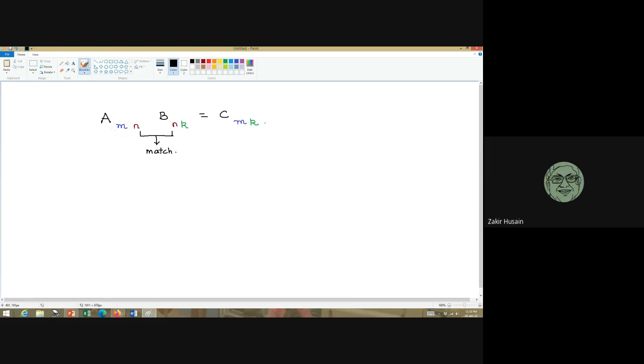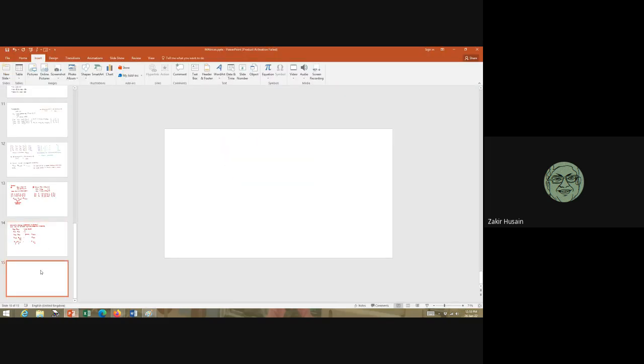This must match. This is the rows in C. This is the columns in the C matrix. Okay, so I'll end at this point.